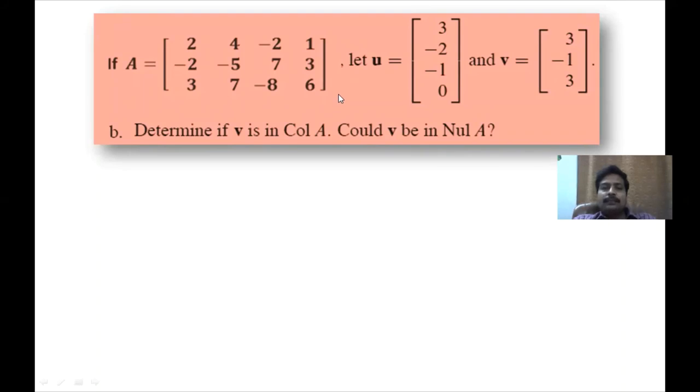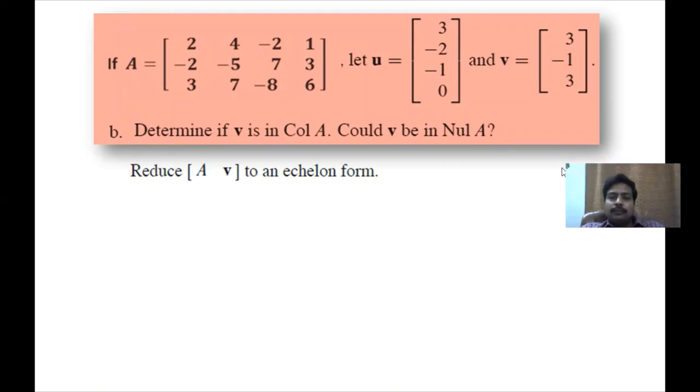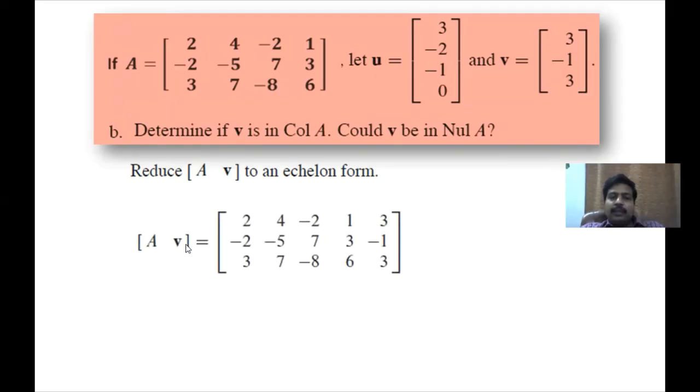So to get that, let us form an augmented matrix [A V] and reduce it to an echelon form. So augmented matrix [A V] is equal to this one. The entries of V are added as a last column to the matrix A.